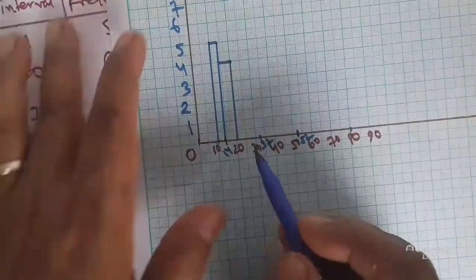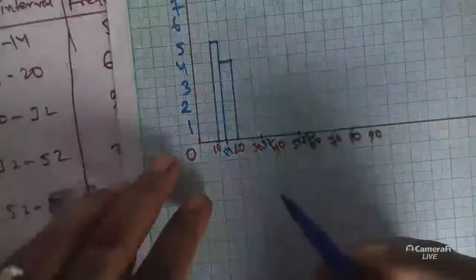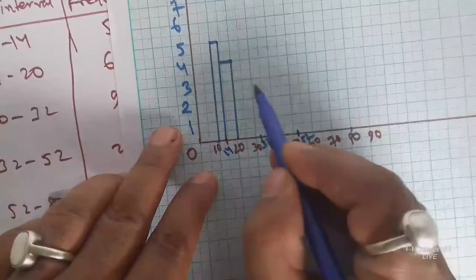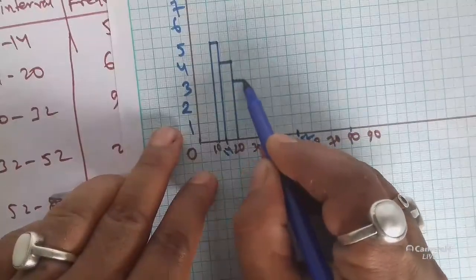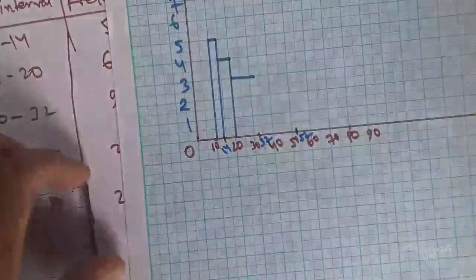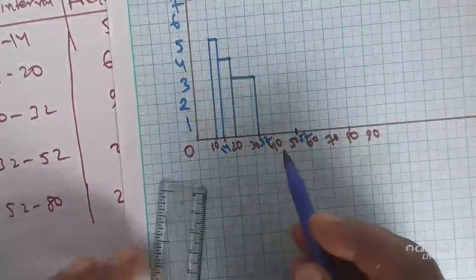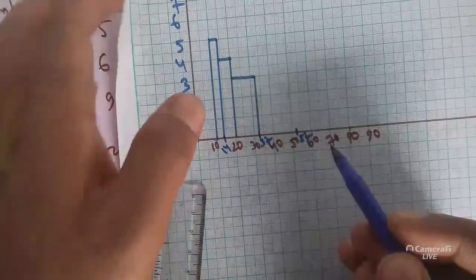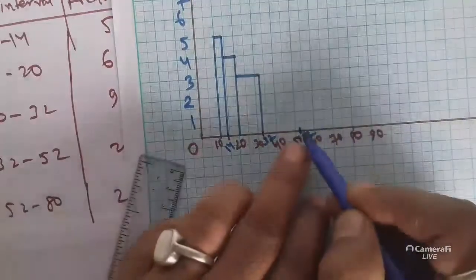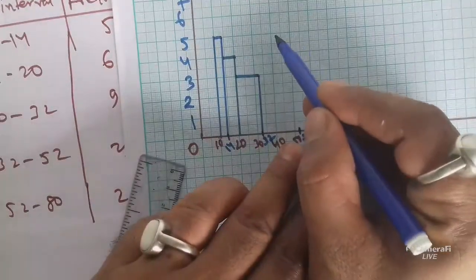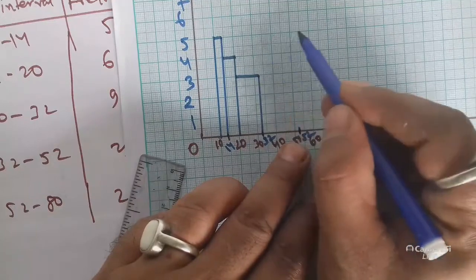Then 20 to 32. 20 to 32 is 3. So here 32, this is 32. Now 32 to 52. 32 to 52 is 5, so it is 52 and this one is 5.